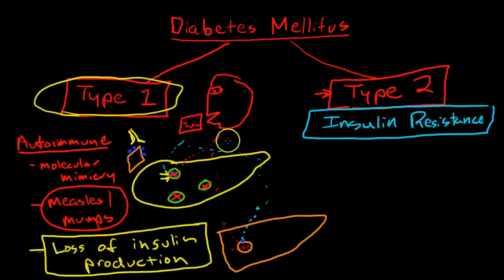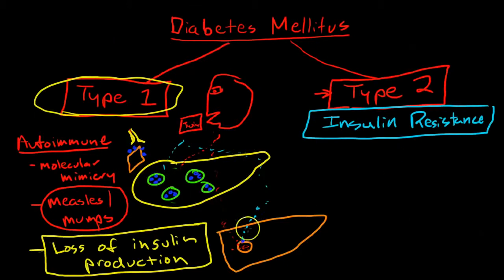So with type 2 diabetes, the islets of Langerhans are just fine, and the beta cells are just fine. So what happens is, we have these happy little islets of Langerhans with lots of happy little beta cells in them that are perfectly capable of producing all the insulin that we need.